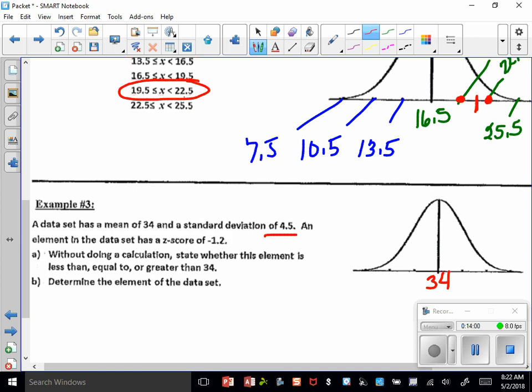So now this says, look at part A. It tells you a z-score of negative 1.2. Without doing a calculation, state whether this element is less than, equal to, or greater than 34. Okay, so I want you guys to pay close attention to this. If the z-score is negative, then that means I'm on this side of the bell curve.